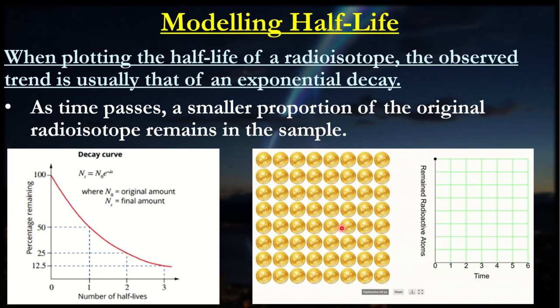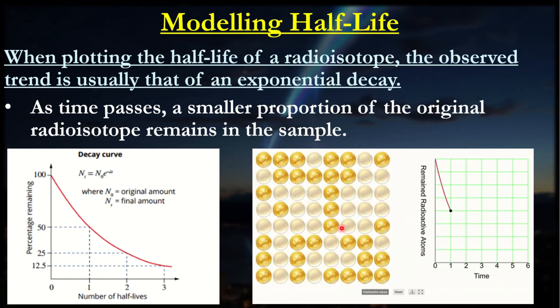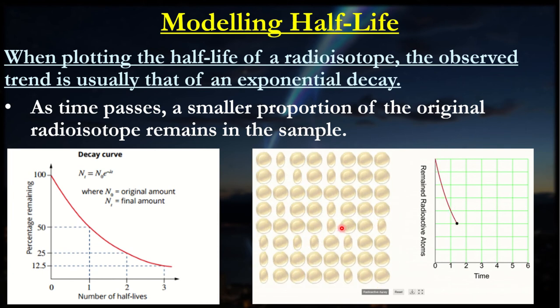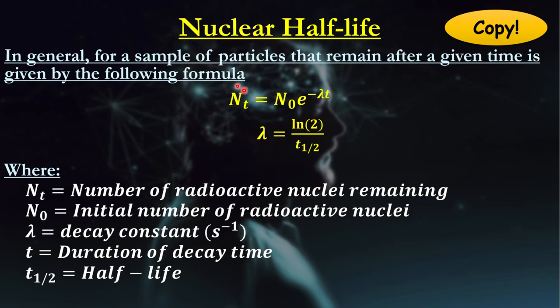It's not a measurement of a specific quantity. It's a measurement of how long it takes for an isotope to lose half of its radioactive isotopes. We can actually express this as an equation, like so.